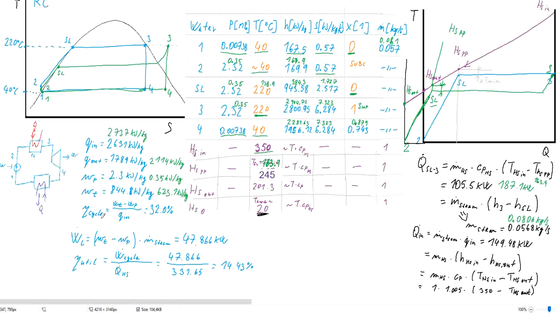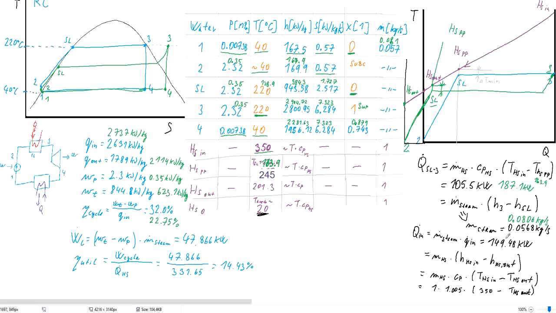Running the numbers to get the efficiency of the cycle, we will get the value of 22.75%. So you can see almost 10 percentage points lower than before. But we have had the mass flow rate of the steam.